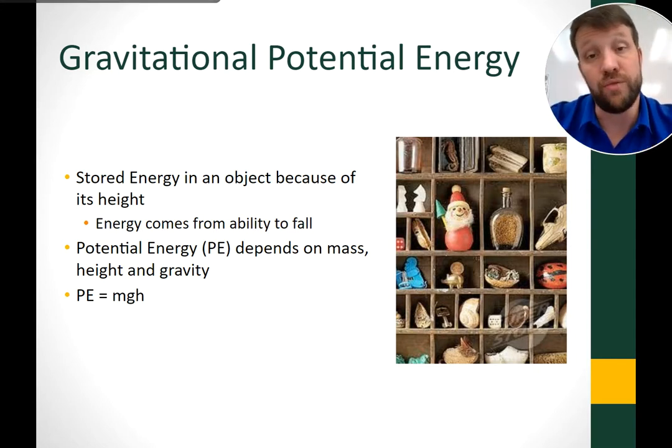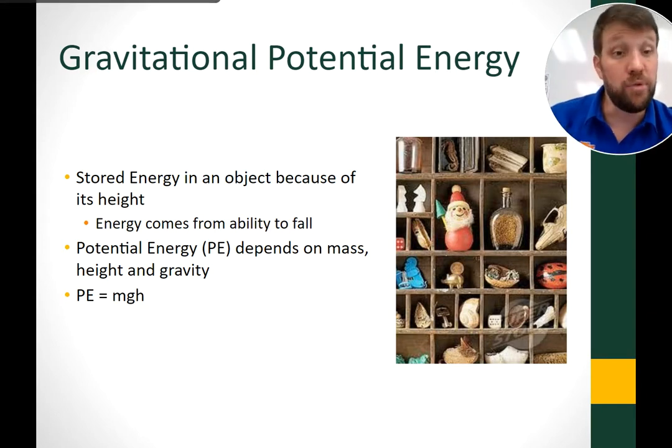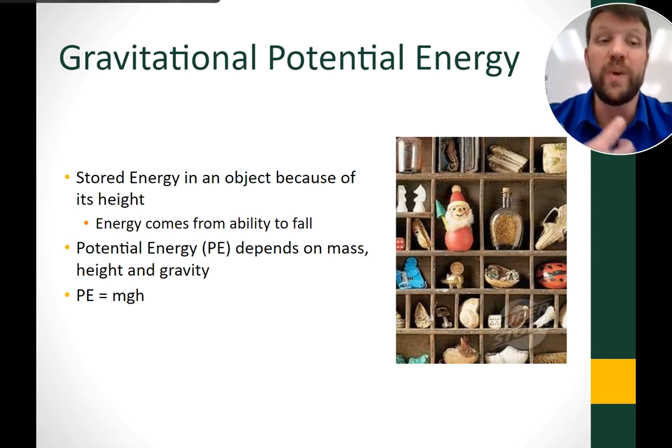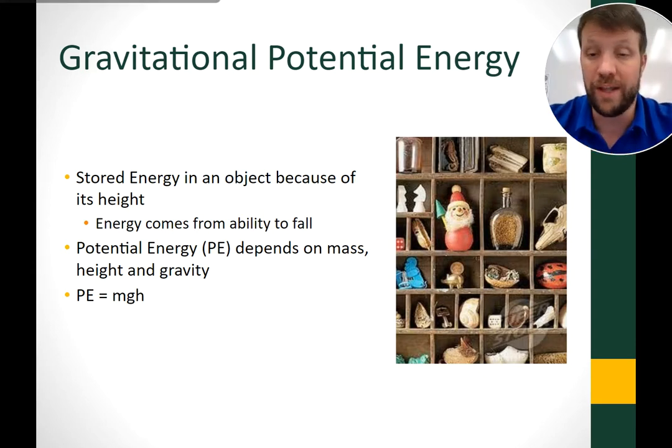I shouldn't just say larger, right? Because we get back into what's bigger, a pound of feathers or a pound of bricks. But we care about the mass here, and the more mass it has, the greater the potential to have this gravitational potential energy.